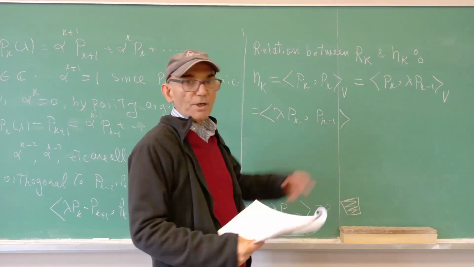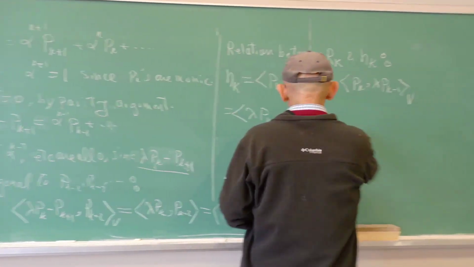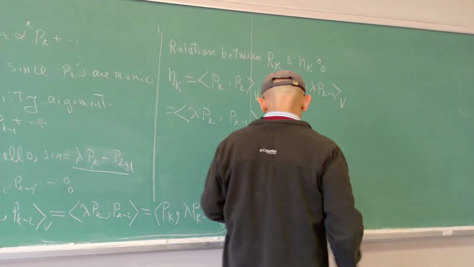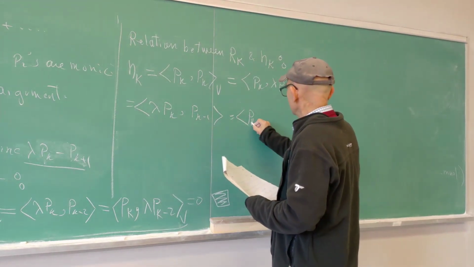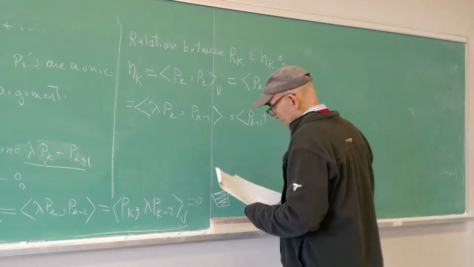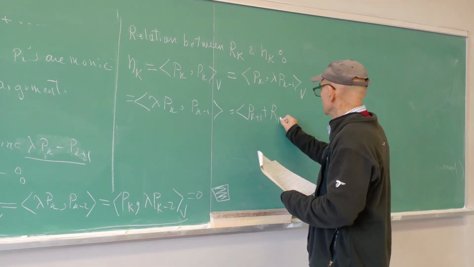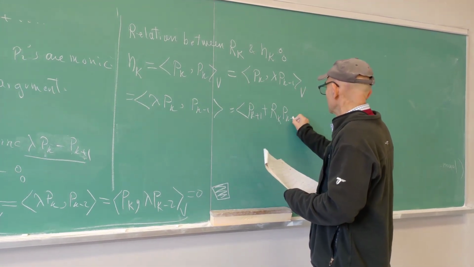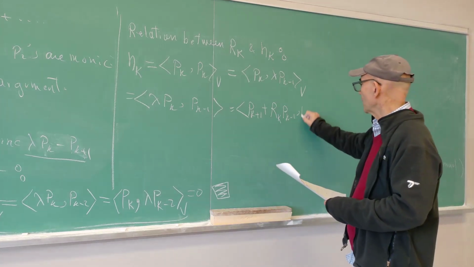And now I replace it by its value from the equation for rk. So this is equal to pk plus 1 plus rk pk minus 1, and then we have pk minus 1.